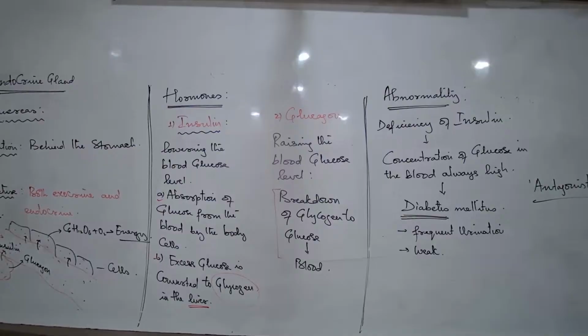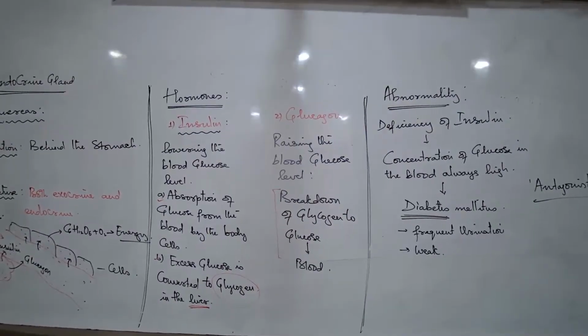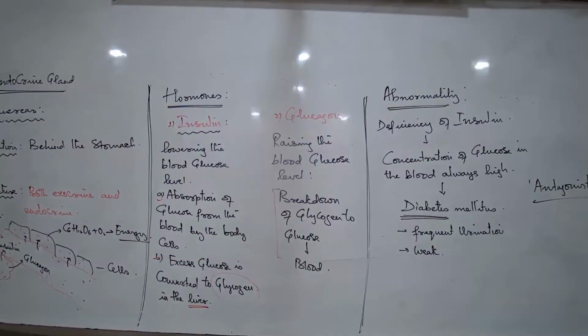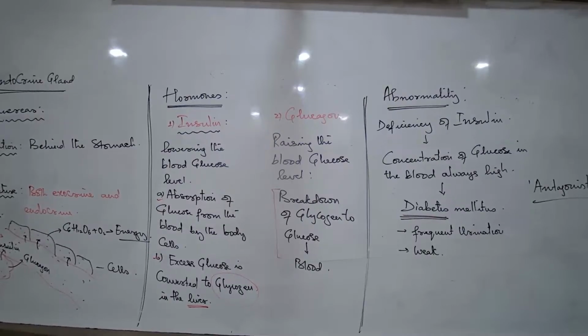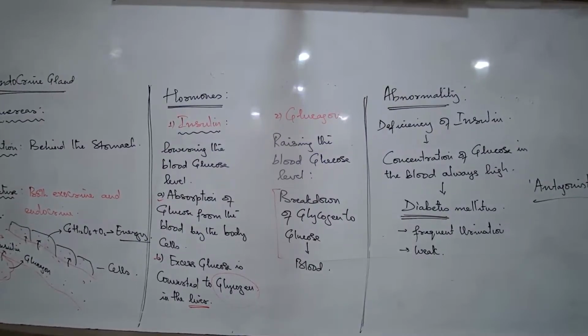Glucagon breaks down the glycogen in the liver to glucose and releases it into the bloodstream, thus raising up the blood glucose level.